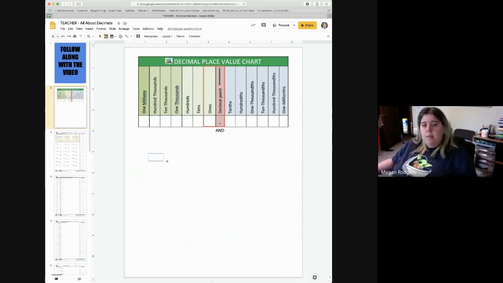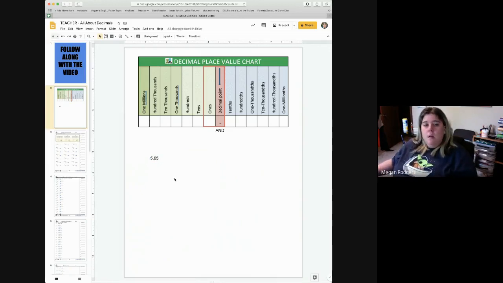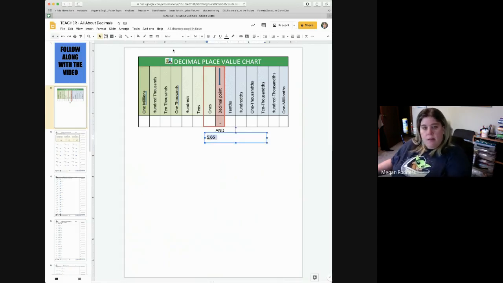So let me create a number here. I have a 5, a decimal point, and 2 decimal places after that. So if I were thinking about it up in this chart, I don't think I can make it fit, it's a little small here.